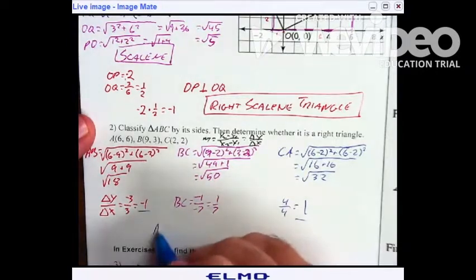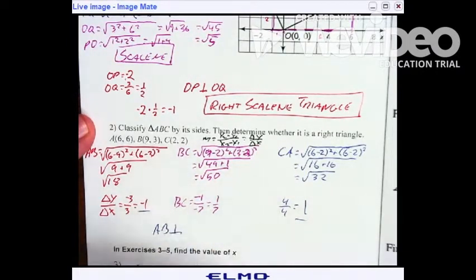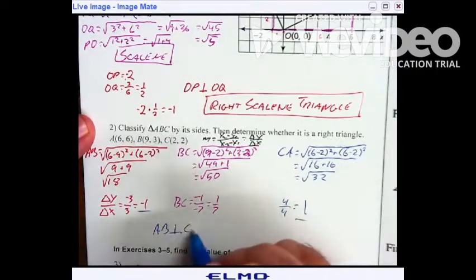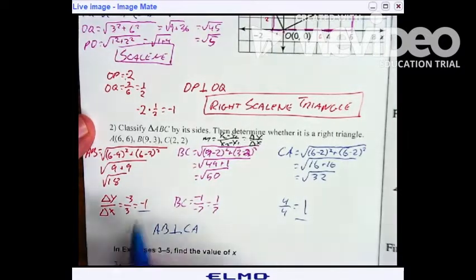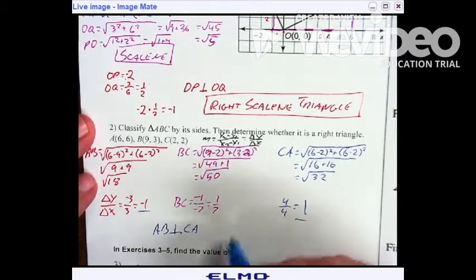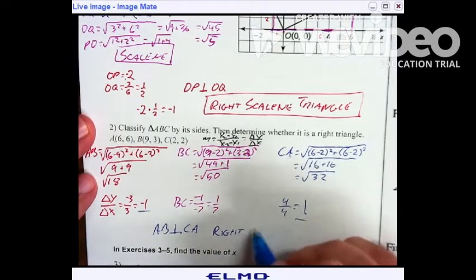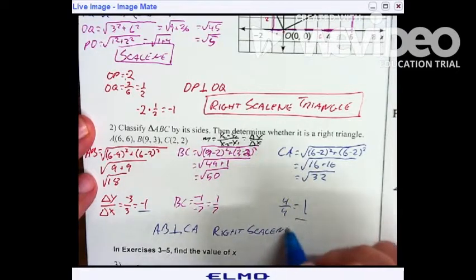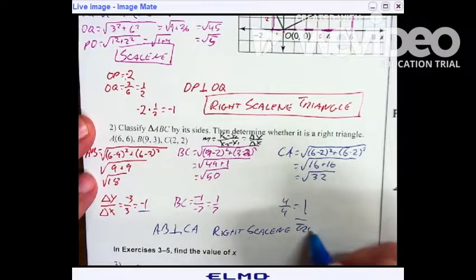So we have that AB is perpendicular to CA, because we have opposite reciprocal slopes. 1 times negative 1 is negative 1. And so we do have a right scalene triangle, just like we had before, which is good. Better if our examples have different kinds of things. So, right, scalene triangle.